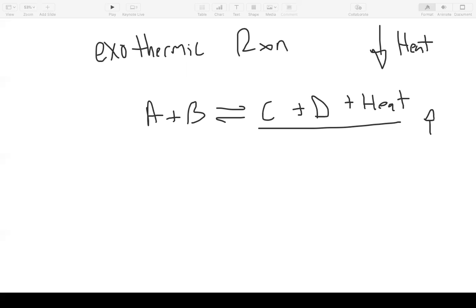We go back to the left. Oh no, he's going down. So if we have a decrease in product, we're going to shift to the right, since we're taking some away. But you were right, and that would go left if heat was increased. So that's temperature.